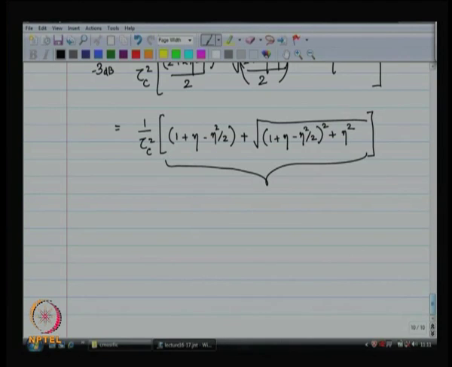So, let us do the derivative of this quantity with respect to eta. Let me call this f of eta. Derivative of something under a square root: the derivative of x power half is half times x power minus half.